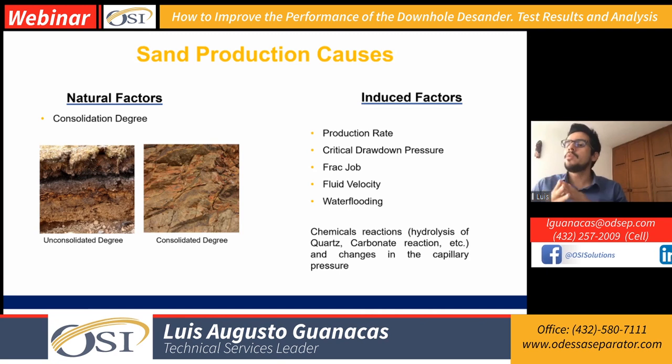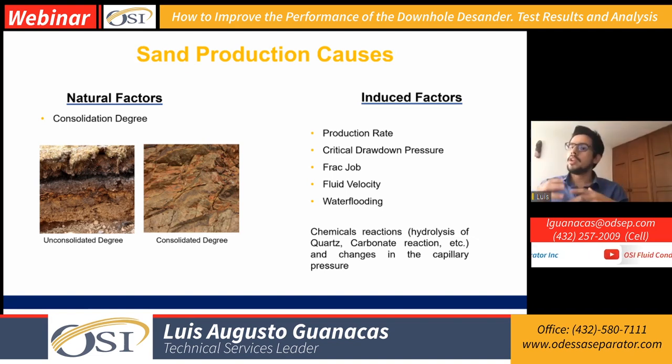The other one is the induced factor, which are the factors that we introduce when operating the well. Typically, when you drill a well, you want to produce a high amount of fluid for economic reasons, right? So as soon as you drill the well, you want to start high production, which means submitting the reservoir to high drag forces because of the fluid velocity.